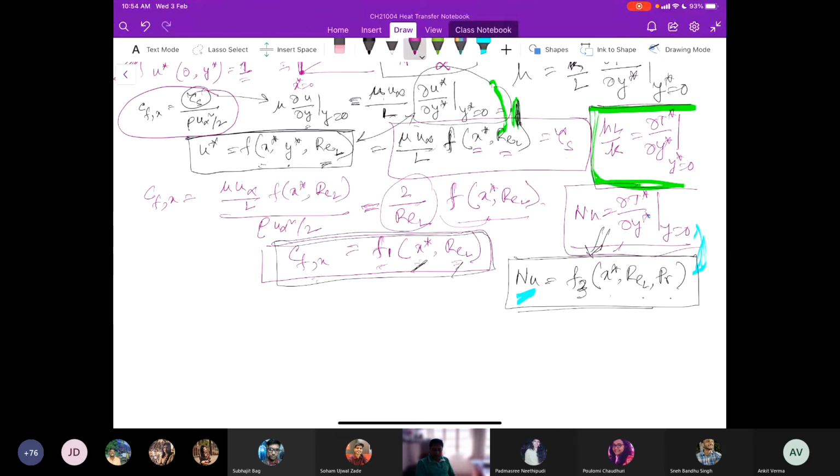So if we try to find out the average friction coefficient and average Nusselt number, quite simply, it would be a function of Reynolds number, say F4, a different function, and the Nusselt number would be a function of Reynolds number and Prandtl number.